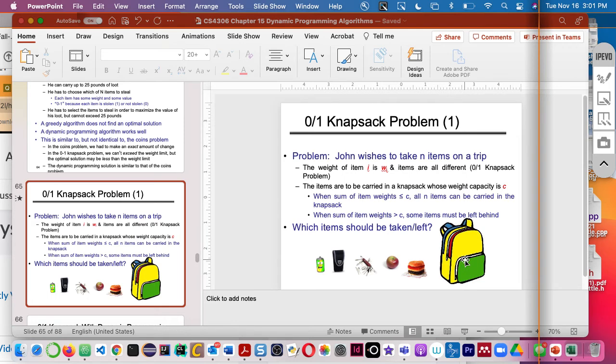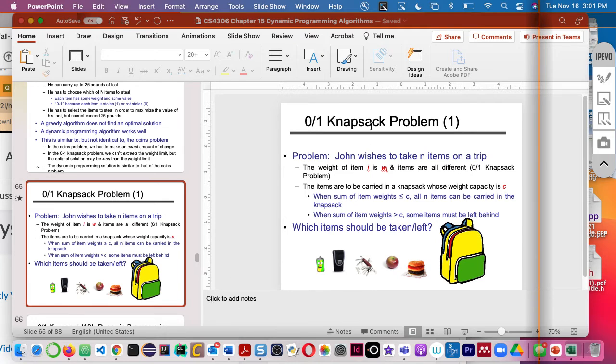Maybe your bag holds 15 pounds. One item maybe 2 pounds with $5 profit, another maybe 1 pound with $10 profit, another maybe 6 pounds with $2 profit. So what is the best combination you will select to make maximum profit?